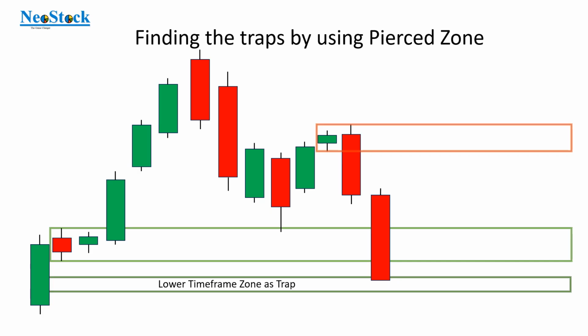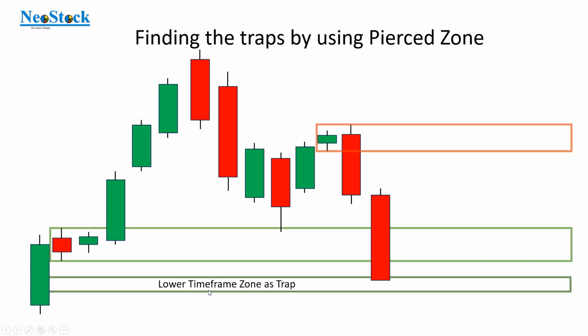I mean the general English words, lower time frame and higher time frame: any time frame below the current time frame. Let us assume this is the current time frame, the higher time frame. One time frame below is a lower time frame, two time frames below is also a lower time frame, and three time frames below is also a lower time frame.